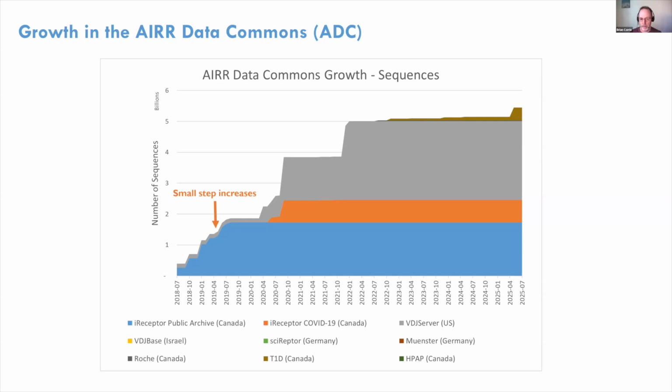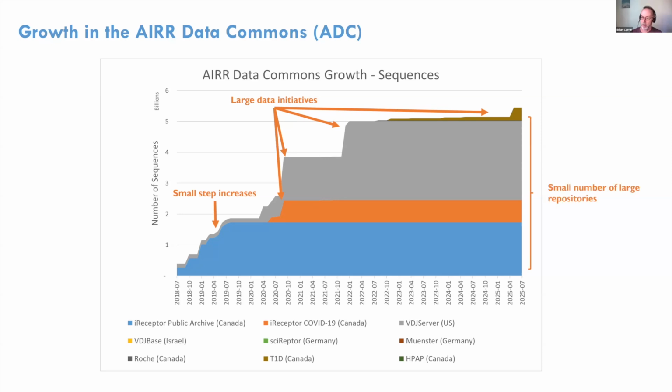More recently, we've been seeing kind of large incremental increases as research groups do very large sets of studies over time. You'll notice that there are a small number of fairly large repositories, so the different colors represent the different repositories, but they are international in scope. We have repositories in Germany, Canada, the US, etc.